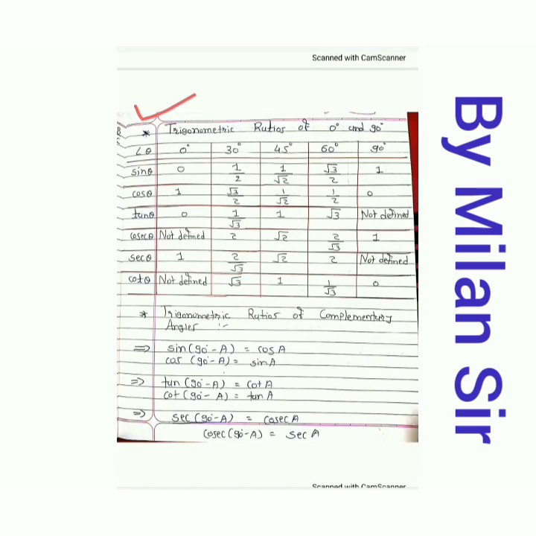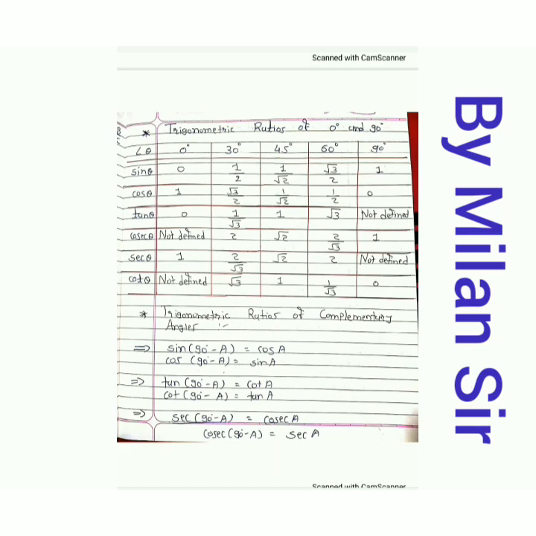Now our next topic is trigonometric ratios of 0 and 90 degrees. Here we learn about some specific values of angles. Sin theta, cos theta, tan theta, cosec theta, sec theta, cot theta, all of these trigonometric functions are related to angles. So right now we learn about some specific angles and we have some values for those angles.